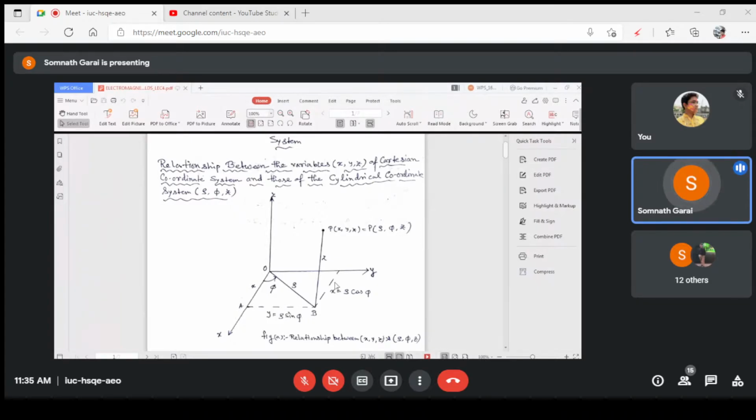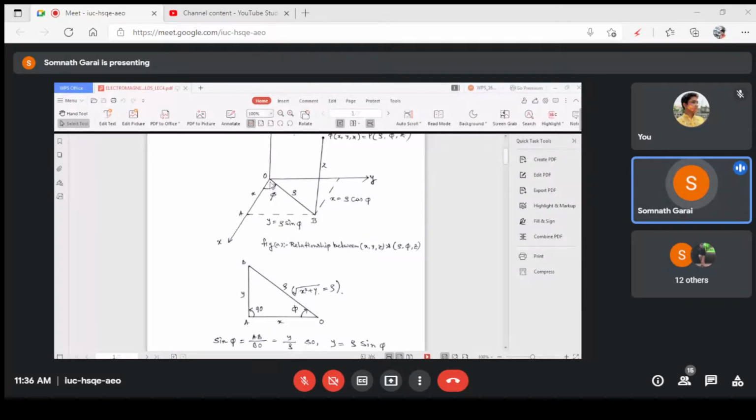And a vector point P is situated at this point, whose coordinates are x, y, z, and in cylindrical coordinates rho, phi, z, right? Now we determine the relationship between them.